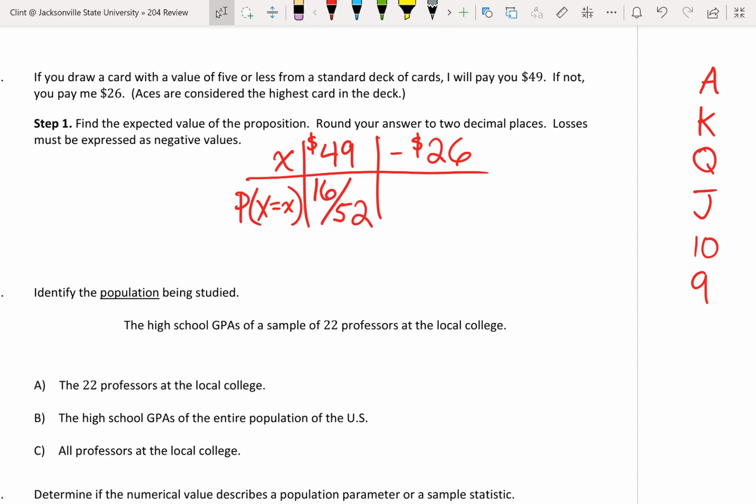And then how do we get our other probability? Yeah, it's the rest of them. So either you can count them if you want to, that's fine. We can also do 52 minus 16 gives us 36 out of 52. So let me move this over.